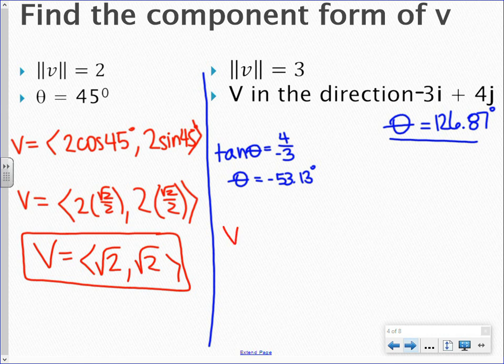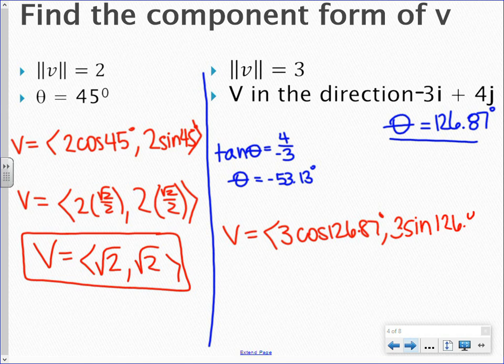Okay, so now if we want vector v, we can take our magnitude times the cosine of our angle, 126.87 degrees. And for our vertical component, our magnitude times the sine of 126.87 degrees.